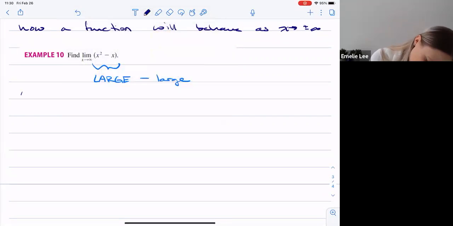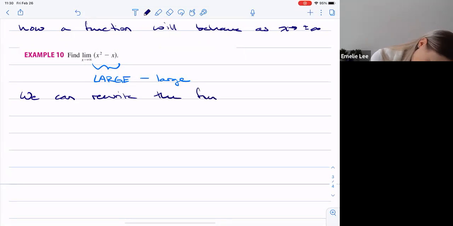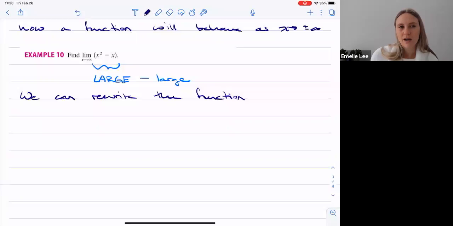And so we can rewrite the function by factoring out an x, and then we'll be able to see and argue that, okay, it does go to infinity, which we suspect. X squared minus x, I think it goes to infinity.